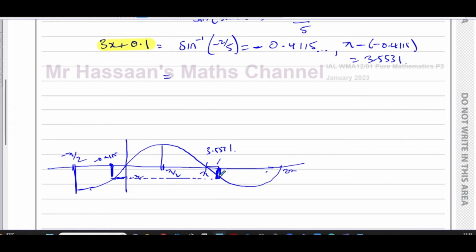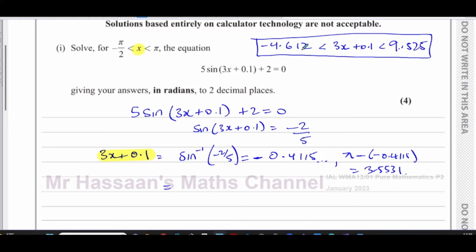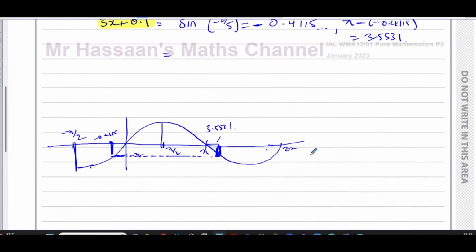That is the other main solution of this equation. Those are the two main solutions, and both of them are within our range, from minus 4.612 up to 9.525. There are going to be other angles also that we're going to come to.